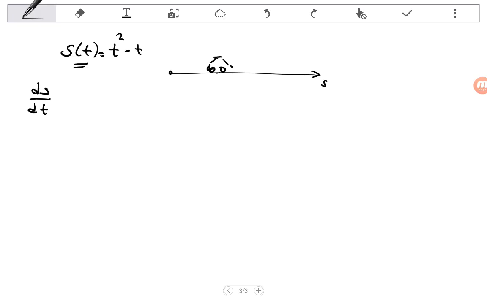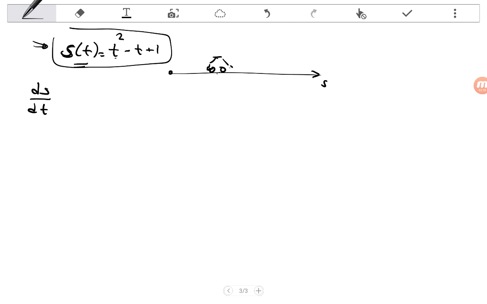It associates each time instant with a new position. So this is a description of the change of the position of the car with time itself.